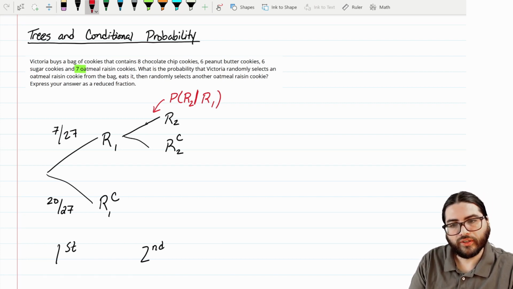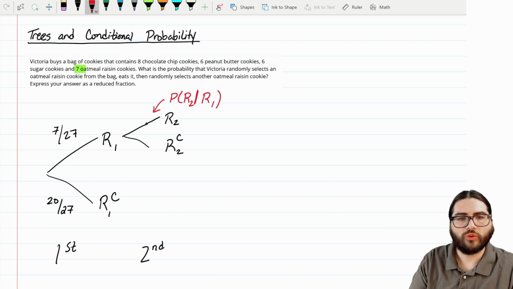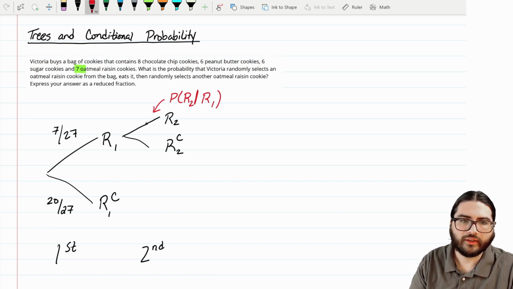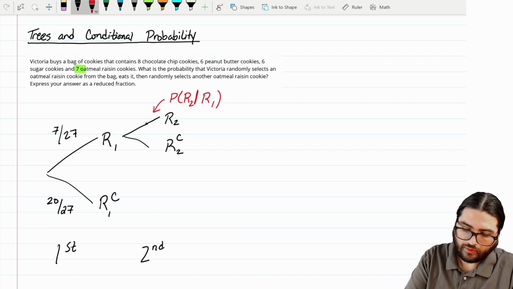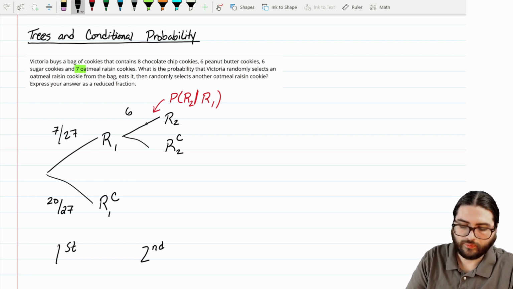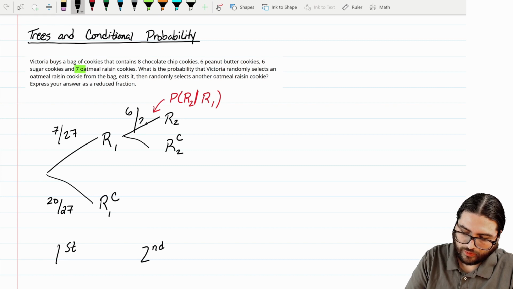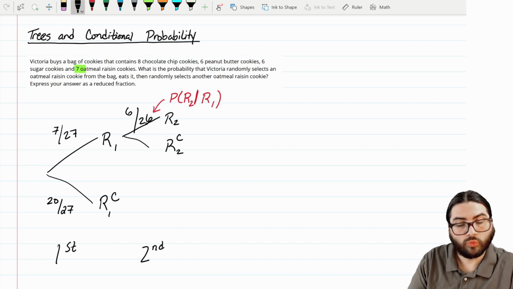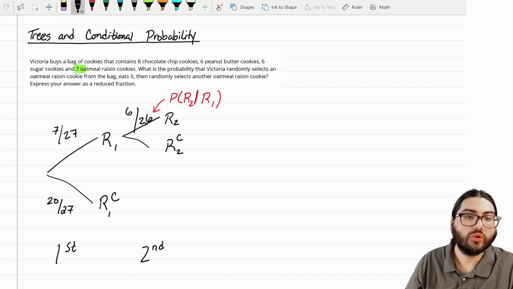Well, that one's a little bit different now, because after I've drawn out the raisin cookie for the first time, there are no longer 27 cookies in the bag, and 7 of them are no longer raisin cookies, because I got one the first time. After the first draw, there are only 6 raisin cookies left out of 26. That's 1 fewer raisin cookie and 1 fewer total cookie.